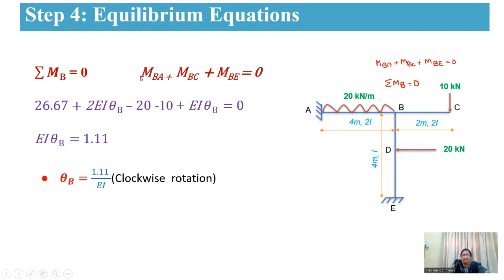As we already calculated, this is the MBA equation, and MBC is minus 20, we already know. And MBE is this, minus 10 plus EI into theta B. So finally you get the theta B value as 1.11 by EI, which we are getting in the positive direction. Therefore it is a clockwise rotation.